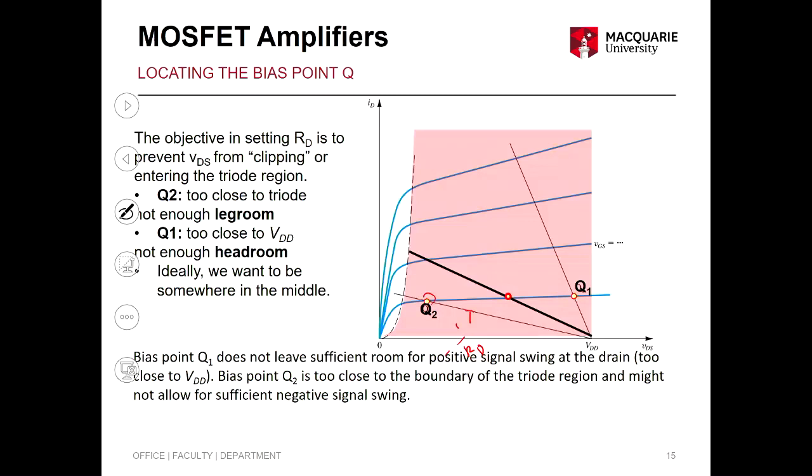If you do this with a small RD, you don't have enough headroom because you will be reaching the triode region. So you need to pick your RD carefully so that your load line stays somewhere in the VGS you want, and can still swing between different lines.